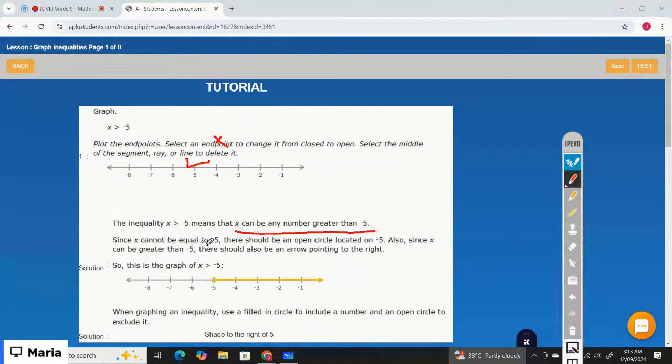Since x cannot be equal to negative 5, there should be an open circle at negative 5. Also, since x can be greater than negative 5, there should be an arrow pointing to the right, because all the values that are greater than negative 5 are the solution. So the arrow must point to the right-hand side, and because x cannot be negative 5, you must have an open circle at negative 5.